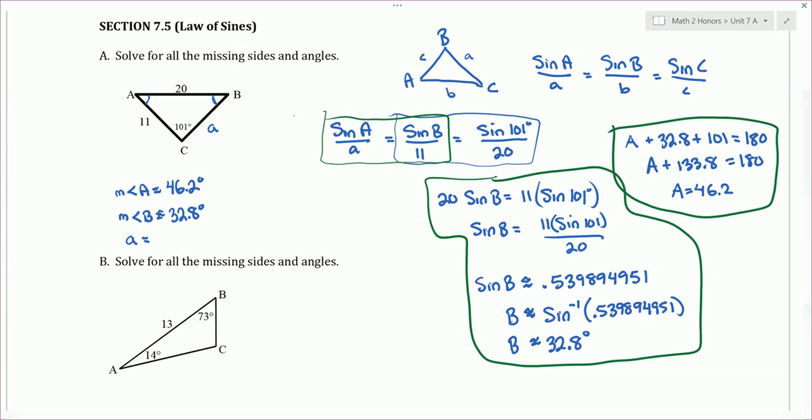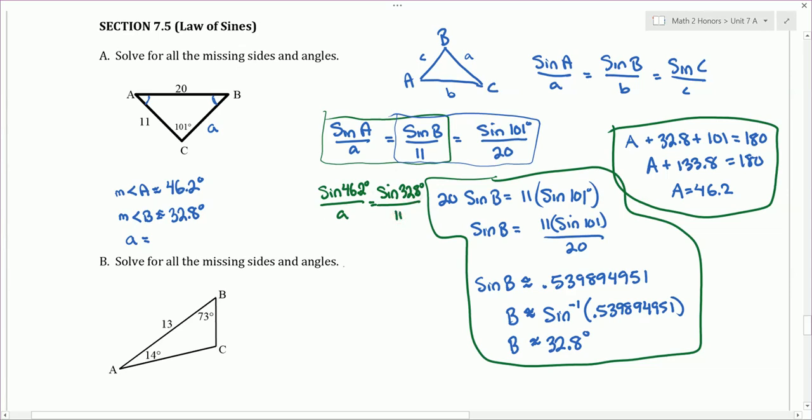So sine of A, we have A now, sine of 46.2 degrees over little a is equal to sine of B, so 32.8 degrees over 11.